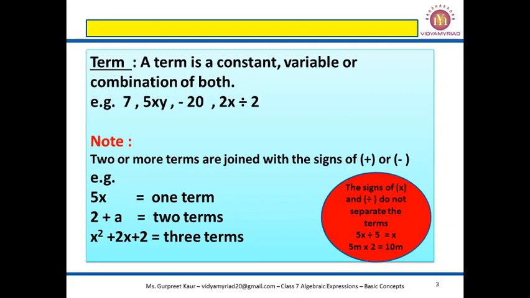Same way, 5m multiplied by 2, so 5 2s are 10, so 10m is again one term. You can't treat it as two terms. So please remember that for the identification of the terms, there should be plus and minus sign, and if division or multiplication is there, then you need to solve that expression to find out the number of terms available.